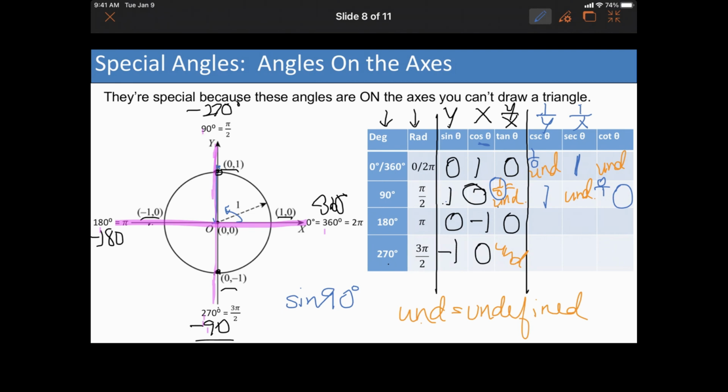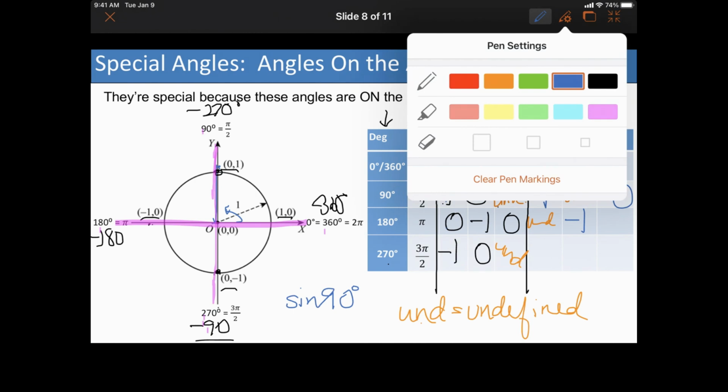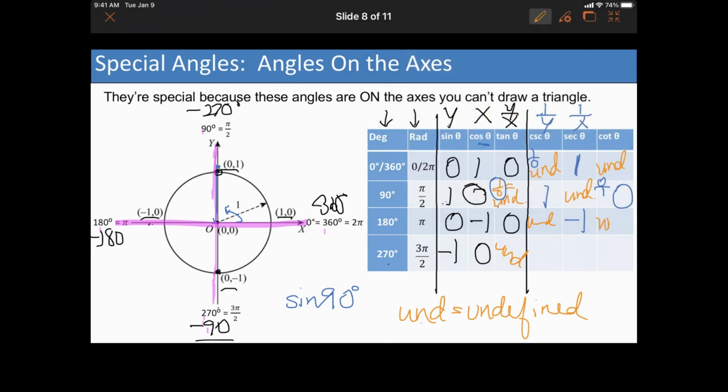All right, so let's go here. So doing this, the reciprocal of 1 over 0 is undefined. This is going to turn out to be negative 1. Do we sense a pattern yet? Okay. The reciprocal of negative 1 is negative 1. The reciprocal of 0 is undefined.